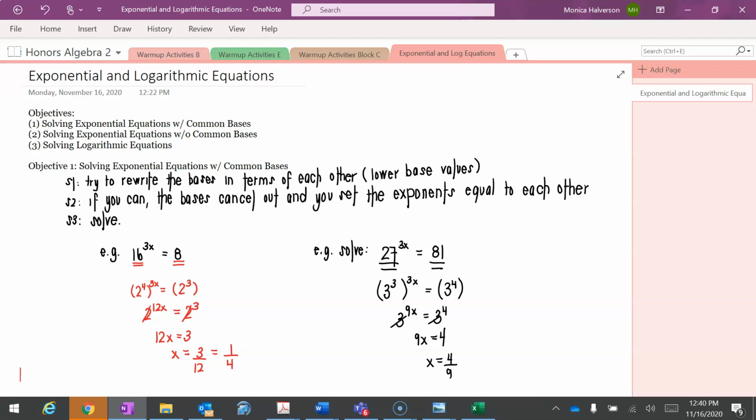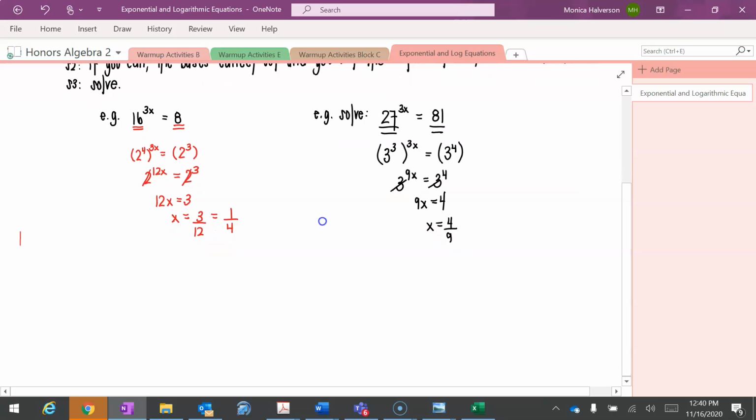All right, let's look at another one together. Last one. Let's say you were asked to solve 3 to the negative 2x plus 2 equals 81.